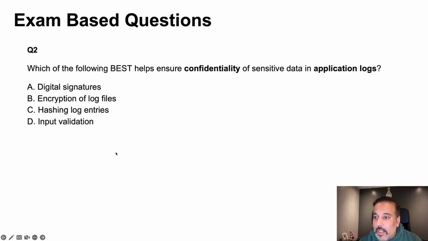It's more of an implementation thing. So the only other option left is encryption of the log files. Once you encrypt the log files, that maintains the confidentiality, and the application logs part is very clear over here. So encryption of the log files is the correct answer here.